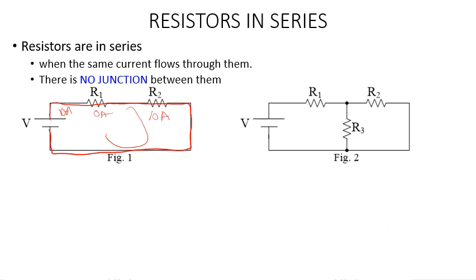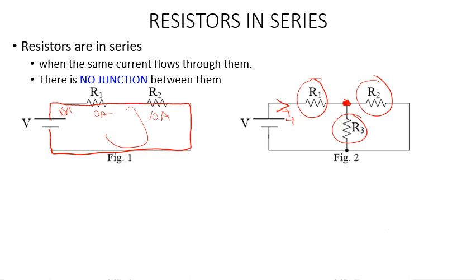Looking at the second circuit, we have R1, R2, and R3. Although there is a junction here, and the definition of a junction is a point where current splits or divides, let's say we have current flowing from here, I1.